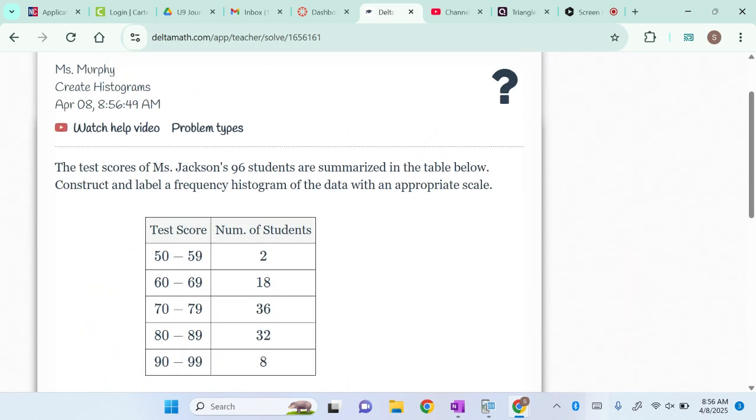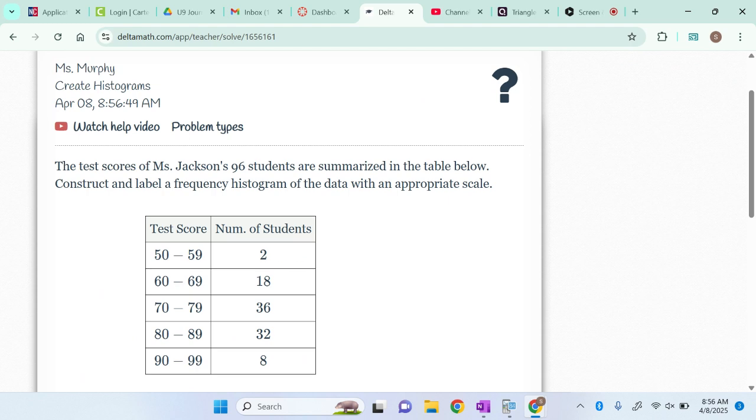When you get logged on to Delta Math, go to the 9.3 Delta, and click the single problem that says create histogram. I just want to show you how to do it in Delta Math so you know how.